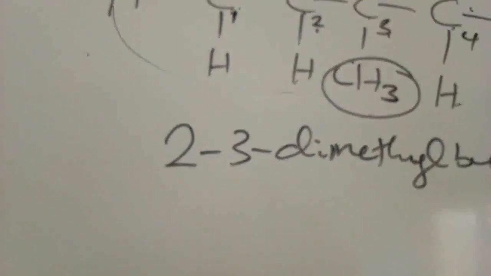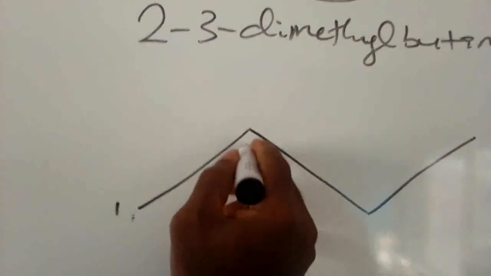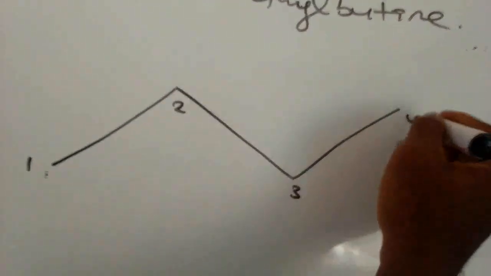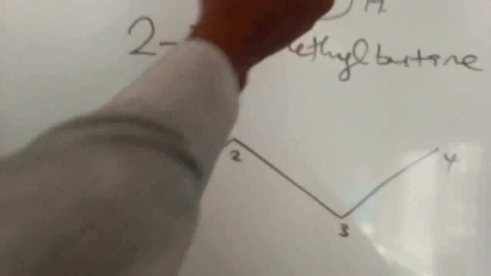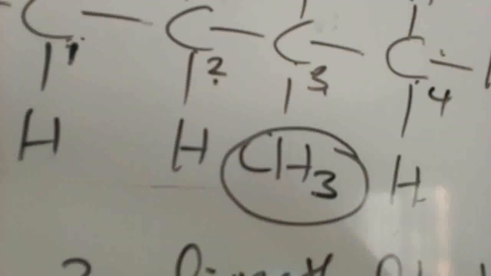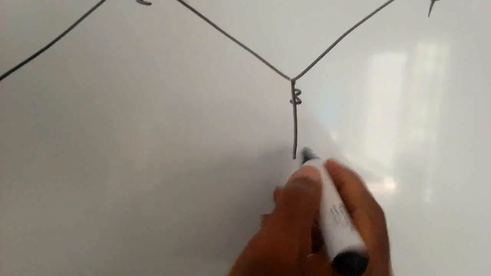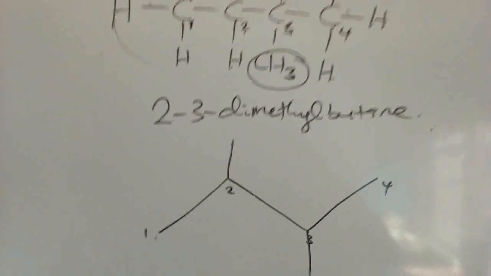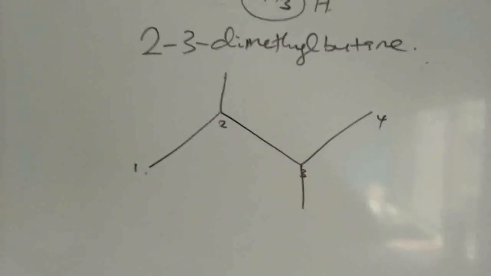I'll draw the line linking the 4 carbons, 1, 2, 3, 4, as the parent chain. Then I see that there is a methyl group on number 2, and also a methyl group on number 3. So I draw a line pointing out on number 2. That line is the methyl group. There's another methyl group on number 3, so I draw another one on number 3. So this structure represents 2,3-dimethyl butane.